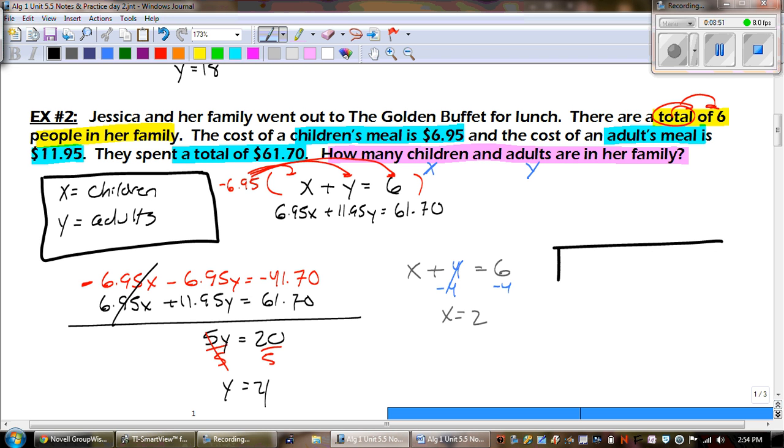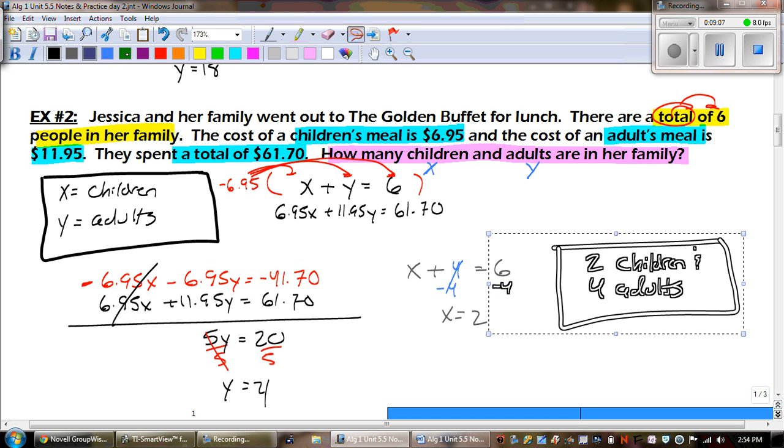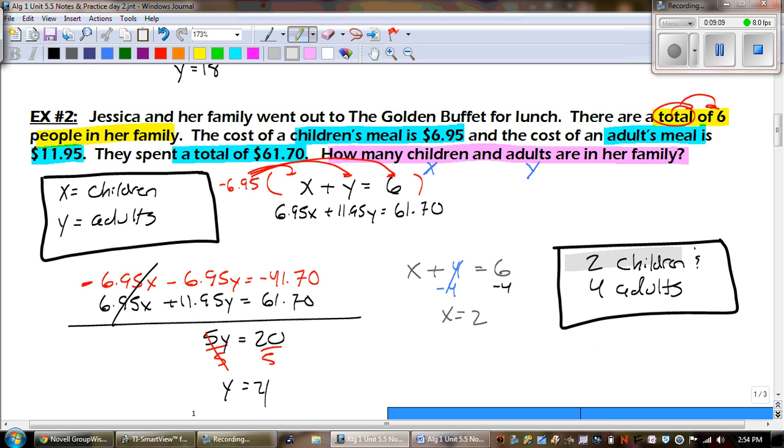So they want to know how many of each are in the family. So there are 2 children and 4 adults. There we go.